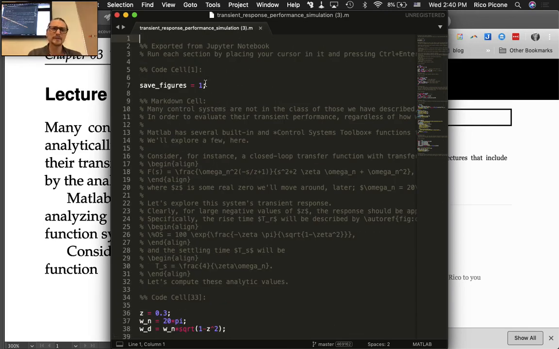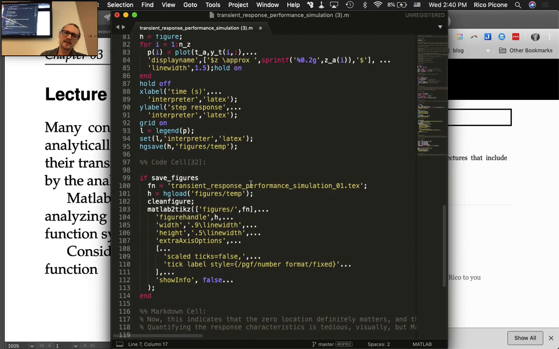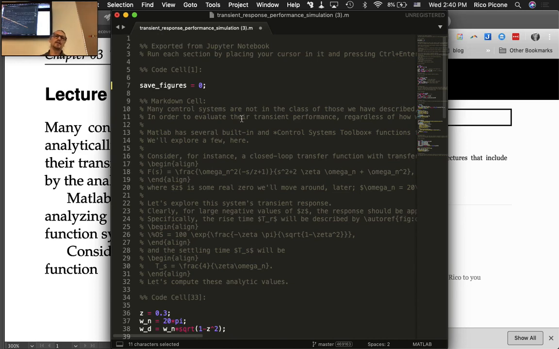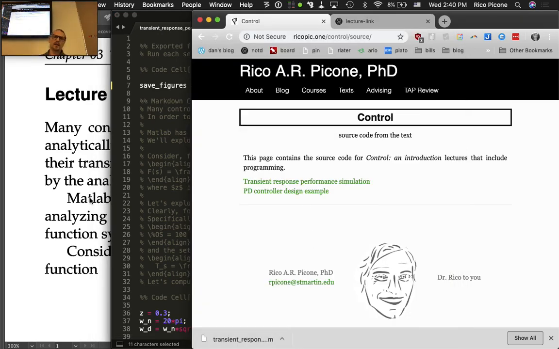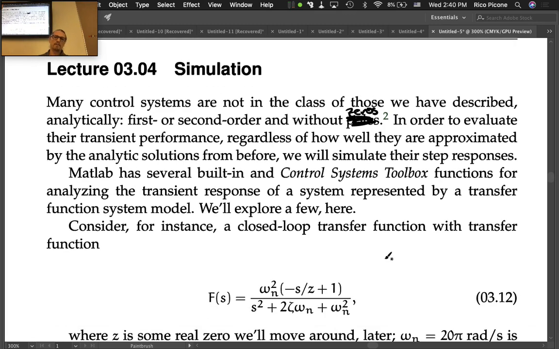It's executable, but set save figures to 0 because there is a little hook here for saving the figures, and I use this function matlab2tikz, which exports the figure. It's on the MATLAB file exchange website. You can get this function if you want, but it's not built into MATLAB. So it'll give you an error if you don't set save figures to 0.